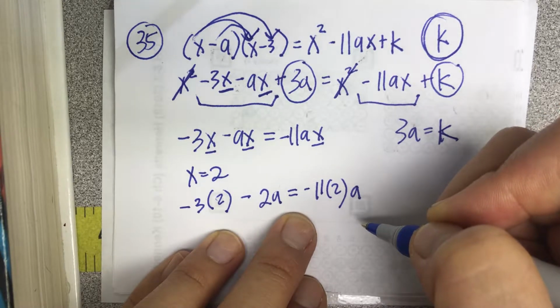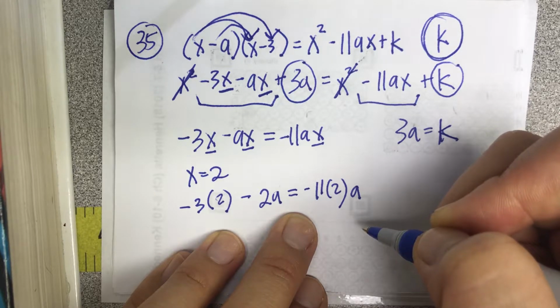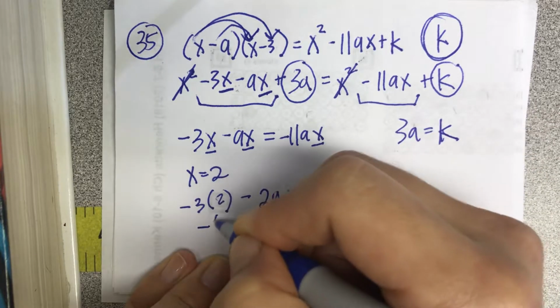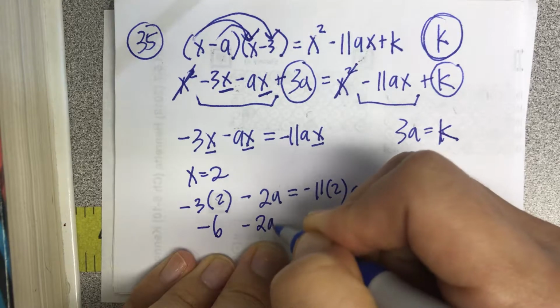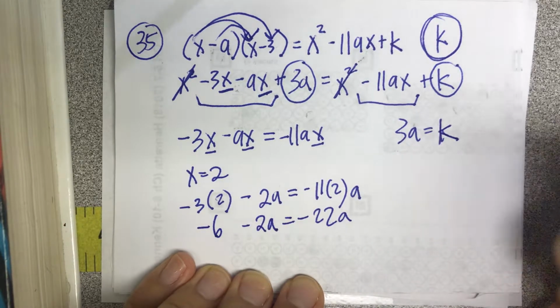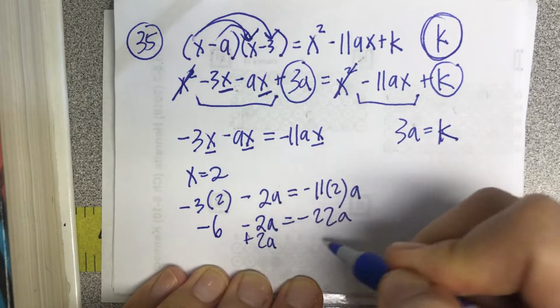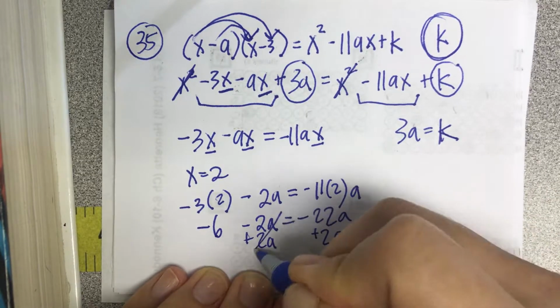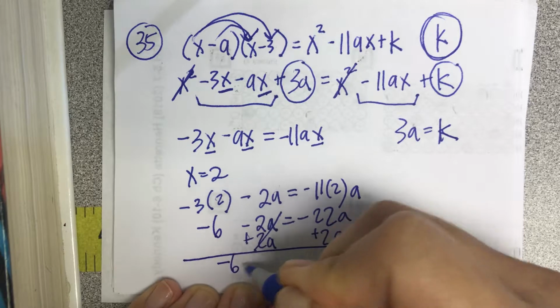And so what we have here is negative 6 minus 2a equals negative 22a. Then you go plus 2a, plus 2a. Cross that out. We're going to get negative 6 equals negative 20a.